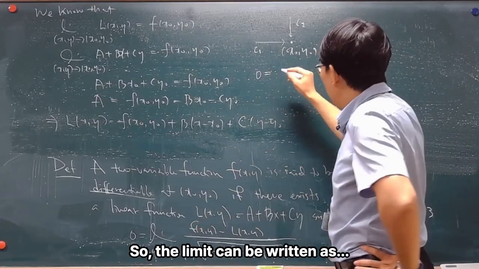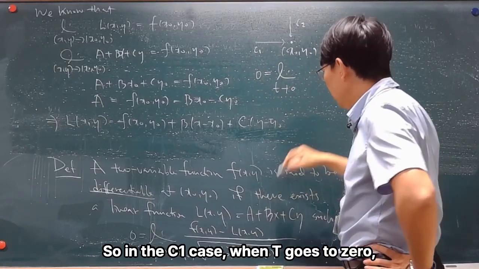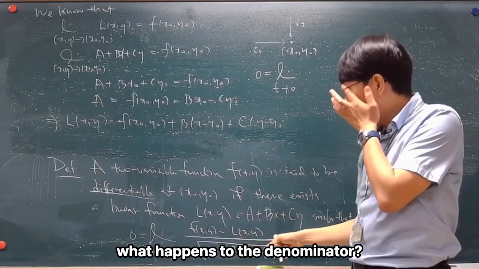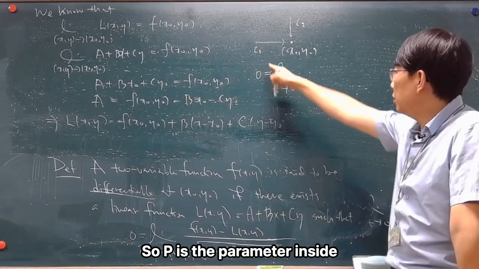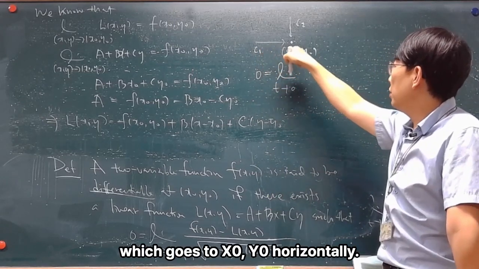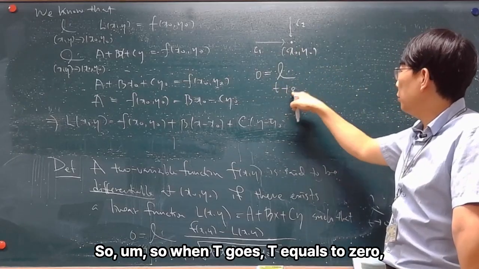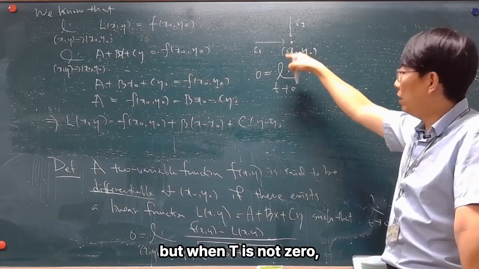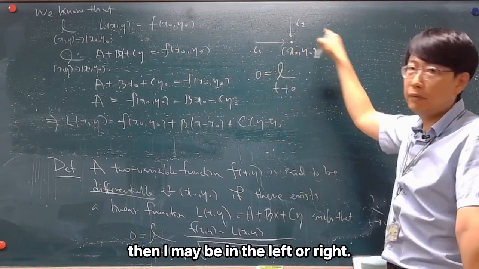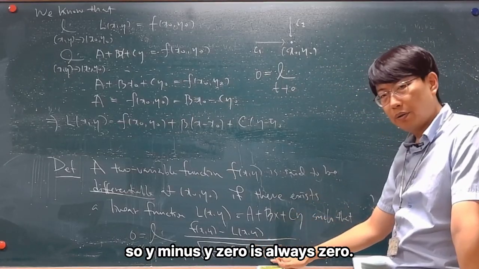So the limit can be written as, in the C1 case, when t goes to 0, what happens to the denominator? t is the parameter inside the parameterization of C1, which goes to (x0, y0) horizontally. When t equals 0, I get to that point. But when t is not 0, I'm maybe on the left or right. But look at this: y is not moving, so y minus y0 is always 0.